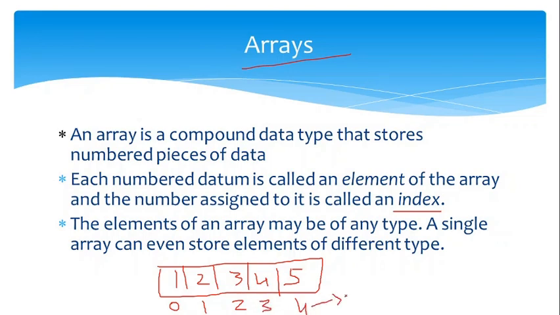This is called the index, and these are all elements or pieces of data. 0 1 2 3 4 is the indexing, and the index always starts with 0 and ends with n minus 1.